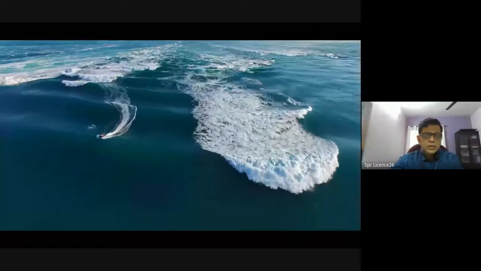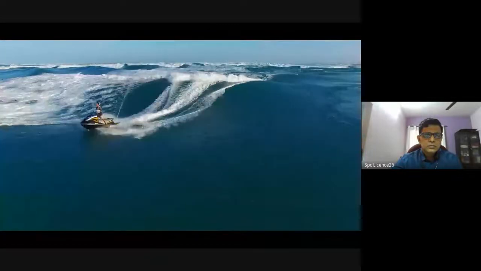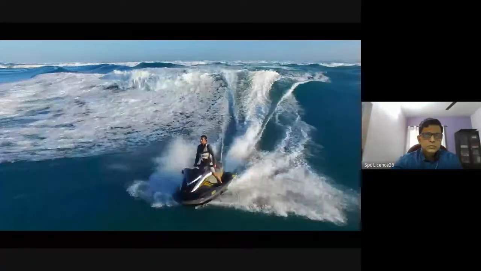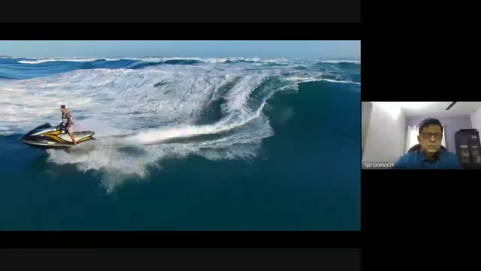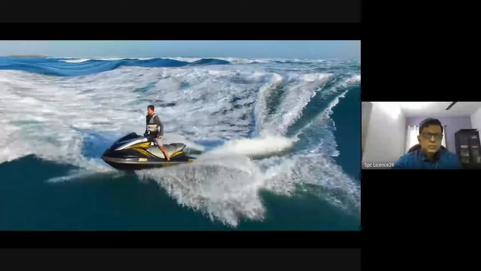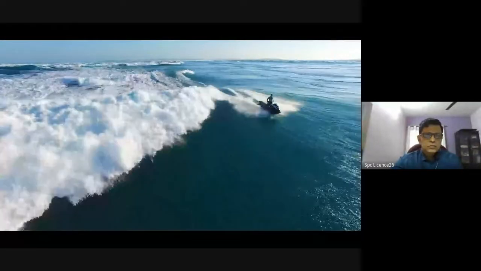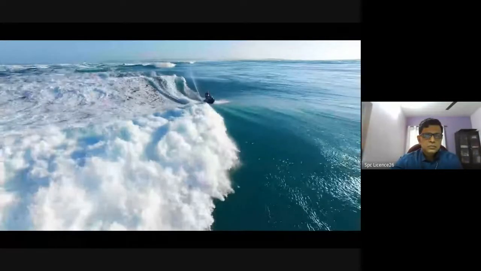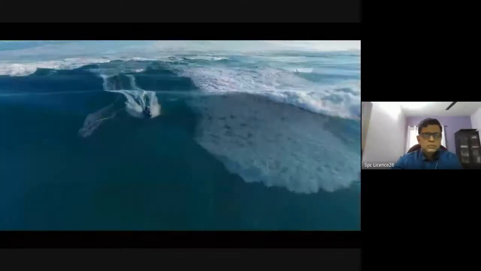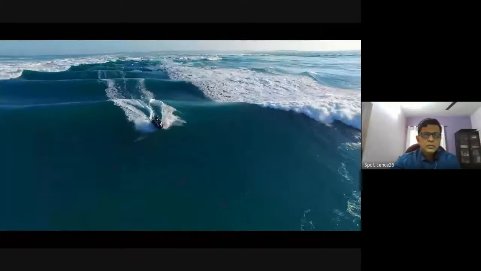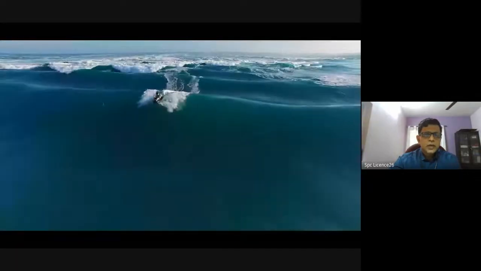Interesting to see water piling up within water. That's why we have to be careful with it.